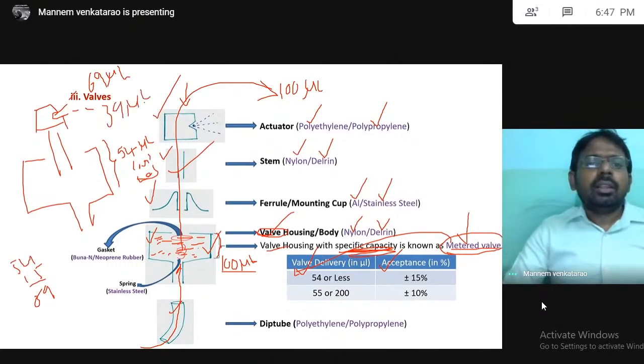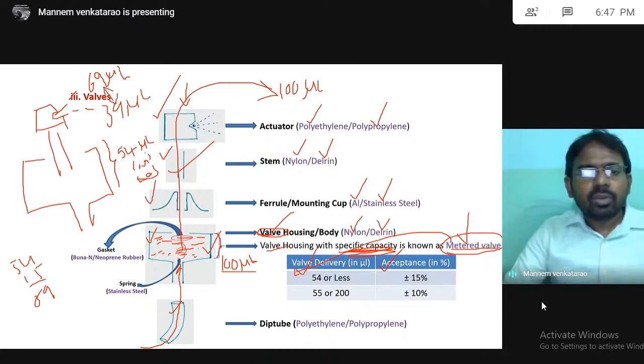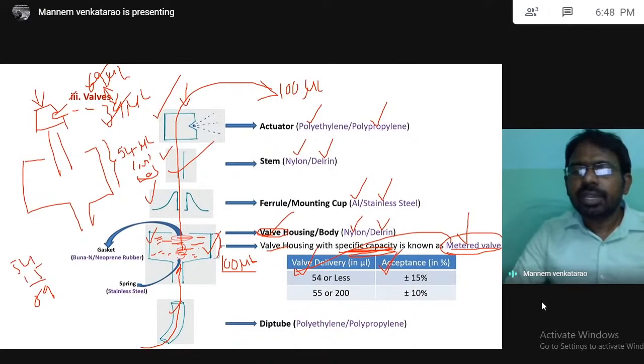So some variation is accepted by the FDA. If the label says 54 microliter, not exactly 54 microliter is delivered per activation; some variation is acceptable. That is, 39 microliter to 69 microliter in between will be accepted. That is called the percentage variation accepted.